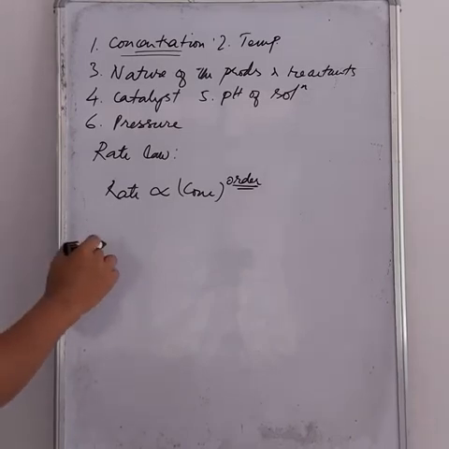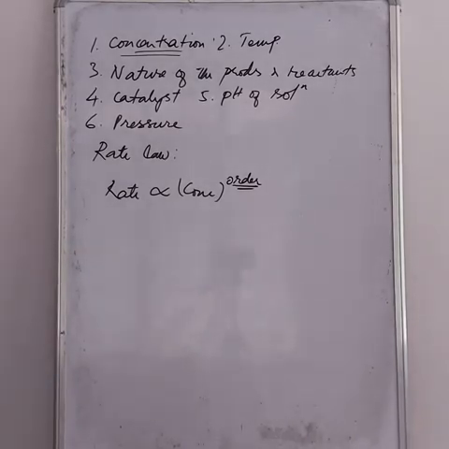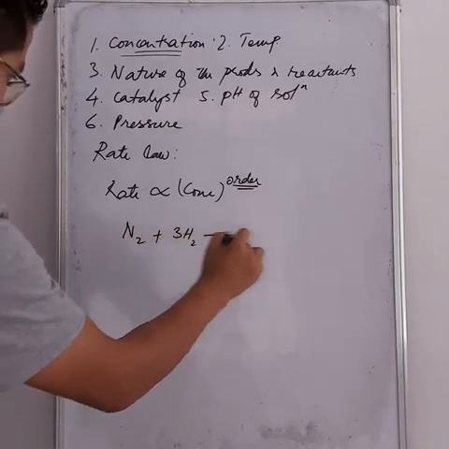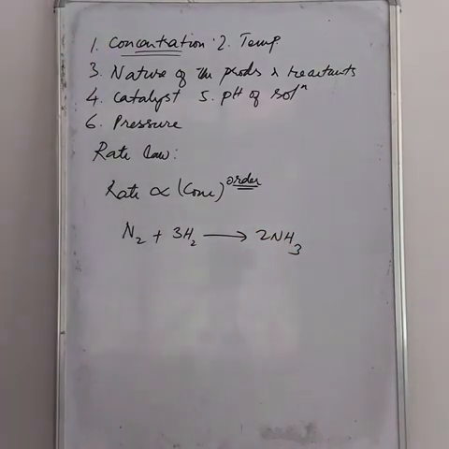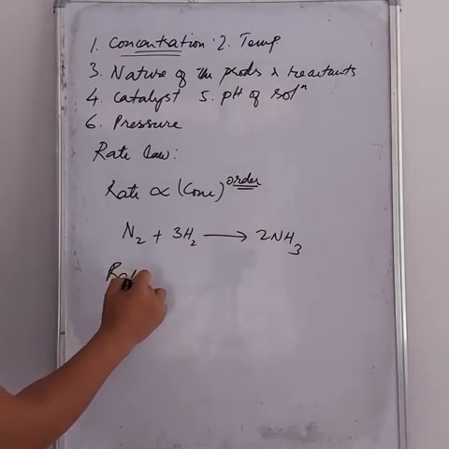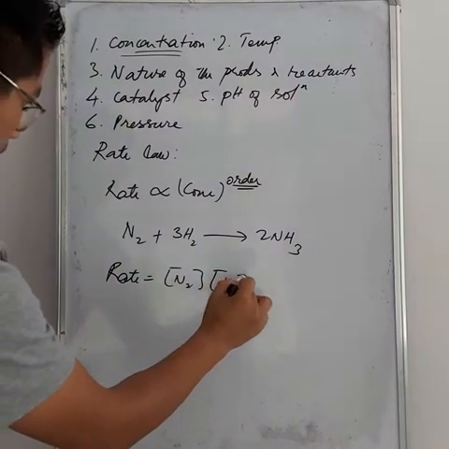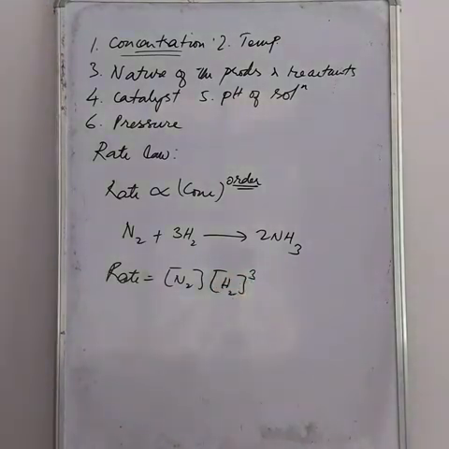When we talked about the reaction of nitrogen and hydrogen giving us ammonia, the rate of the reaction is equal to the concentration of nitrogen and hydrogen raised to the power 3. So this is our rate of the reaction.